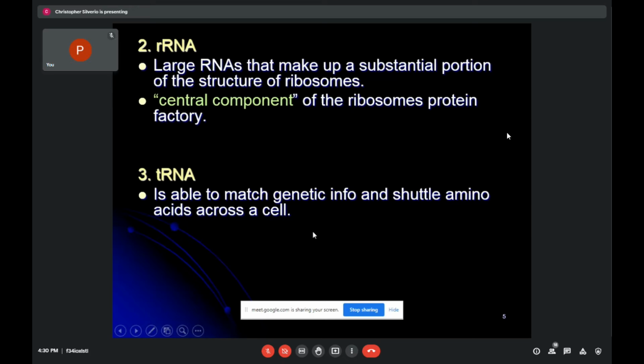Okay. The transfer RNA, from the cell, across the cell, the transfer RNA is the one that carries the amino acid, carrier of amino acid.